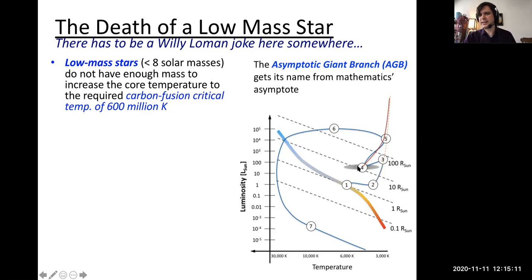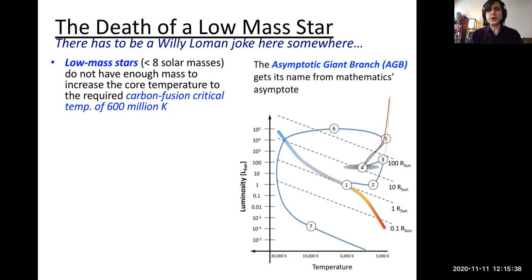So we would say that the asymptotic red giant branch is asymptotically approaching the continuation of the red giant branch. So we call it the asymptotic giant branch. The name is derived from mathematics. Okay, now that I've gone a little bit of a side to explain the name, let's talk about why this is so significant and why this is going to be the last living stage for our sun-like star.